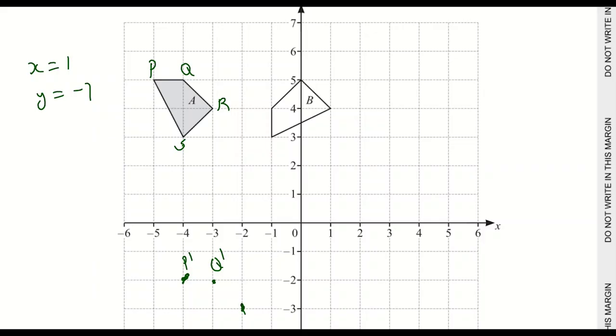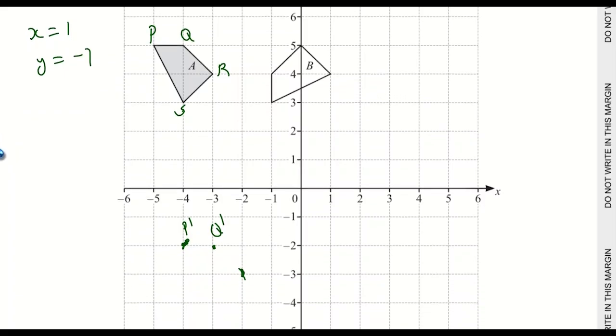The other one is obvious now, so that is for point S. You count 1, 2, 3, 4, 5, 6, 7. So this will be R prime, and this is S prime. So you can join them together.